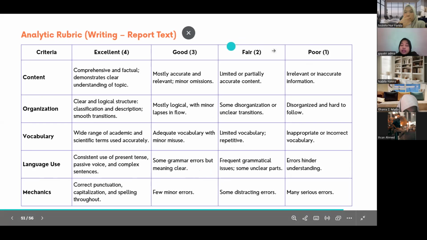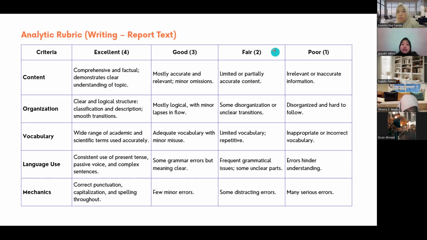And then for the fair level, it shows that the students can write an essay with limited or partially accurate content, some disorganization or unclear transitions, limited vocabulary, or maybe repeated vocabulary, and then frequent grammatical issues, and maybe some unclear parts and distracting errors. And for the lowest level, or poor, it means that students write irrelevant or inaccurate information, they are disorganized and hard to follow in structure, and they use inappropriate or incorrect vocabulary.